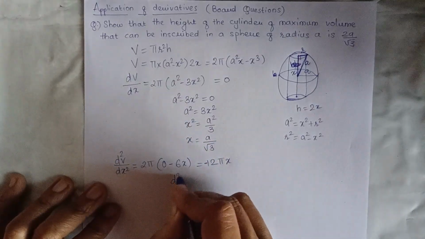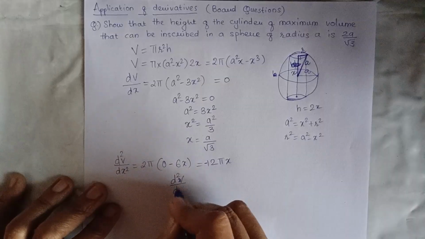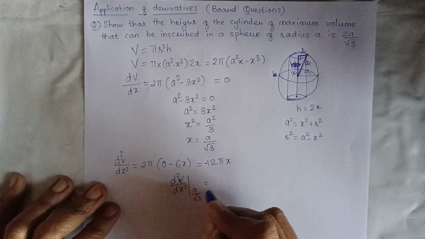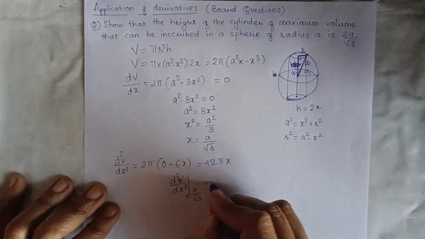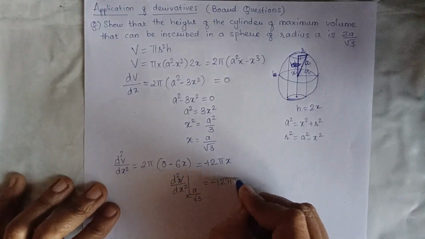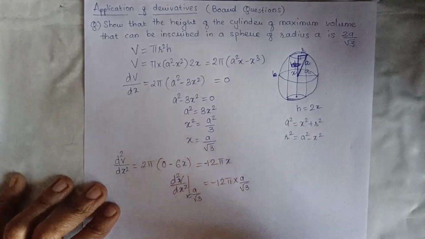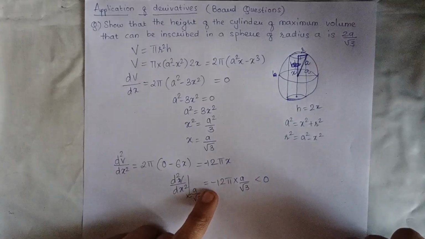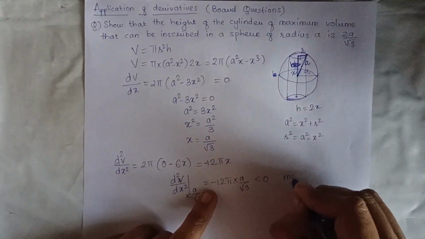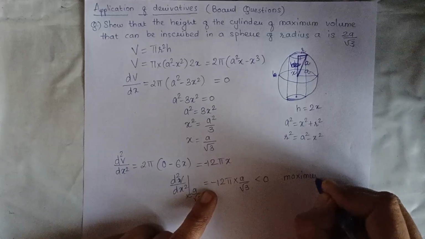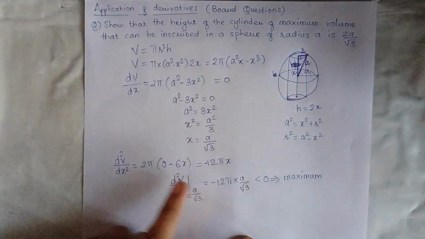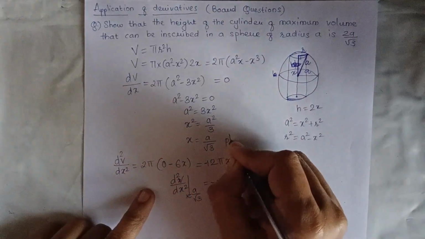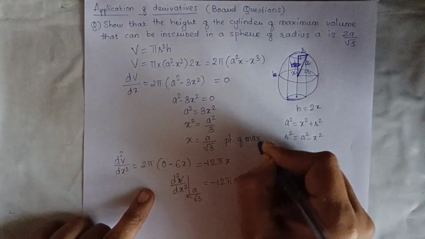At x equal to a upon root 3, this value is going to be less than 0, right? Less than 0 means maximum. So the point x equal to a upon root 3 is the point of maximum.